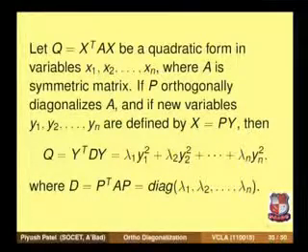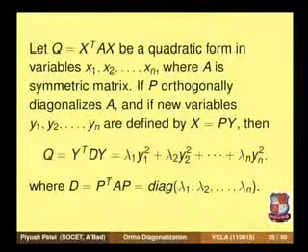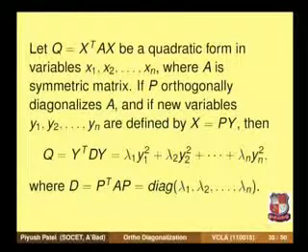Now we define the new variables y1, y2, ..., yn via the orthogonal transformation x equals Py. Then observe that Q will be transformed into the new variables as y transpose D y. When expanded, it will be lambda 1 y1 squared plus lambda 2 y2 squared up to lambda n yn squared, where lambda 1, lambda 2, ..., lambda n are the diagonal entries of D, and also they are the eigenvalues.